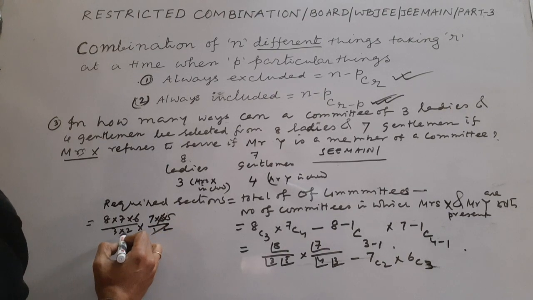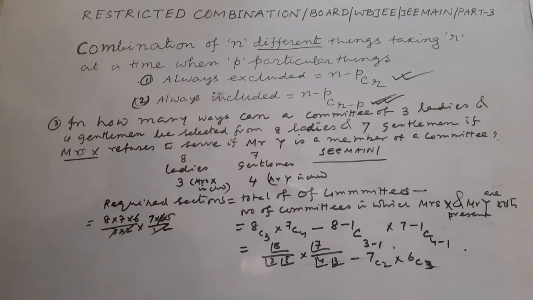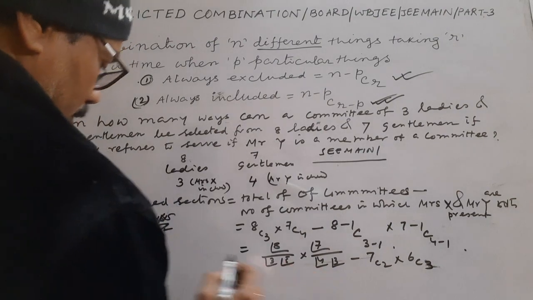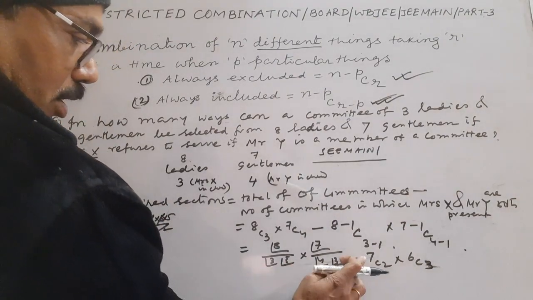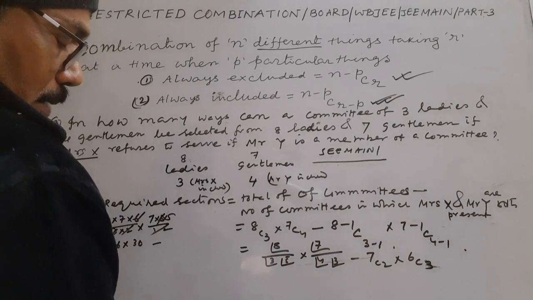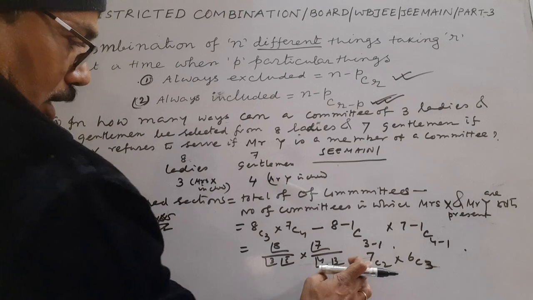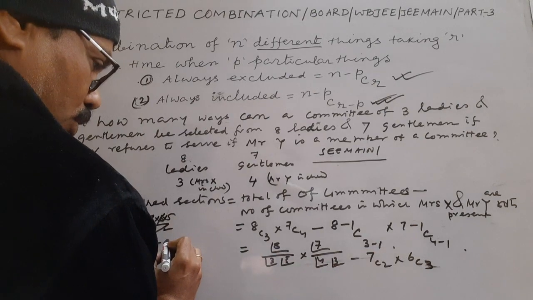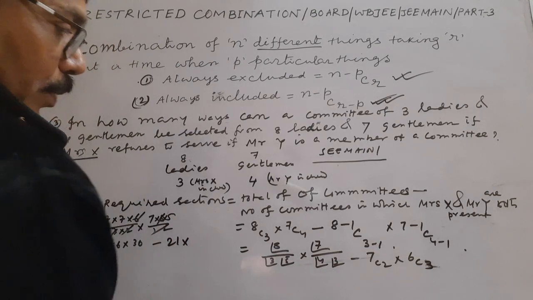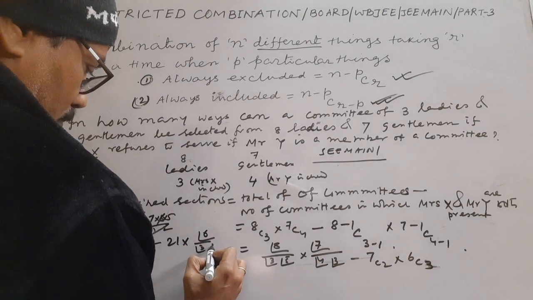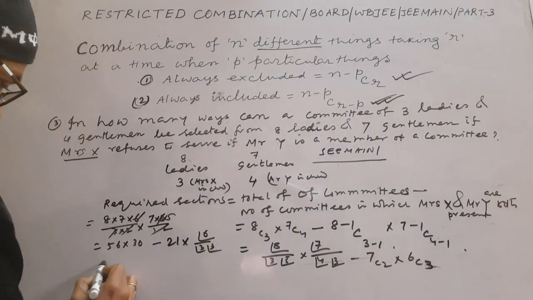So 6 cancels, 6 cancels. So 56 into 30. And this is 7C2, factorial 7 by factorial 2 into factorial 5. So 7 into 6 by 2, so this is 21. And 6C3, factorial 6 over factorial 3 factorial 3, so this is 20.